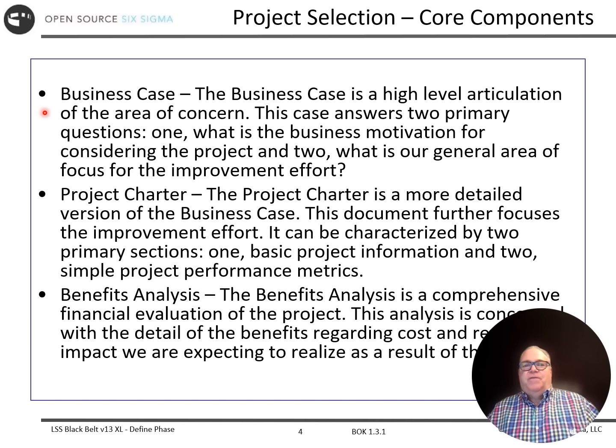What's the business motivation for considering the project? So which of the voices does it address? What are some of the COPQ items? And then where does it live? So in which business function, which business area does the project at least start in, and then we can cross over into multiple areas if required.